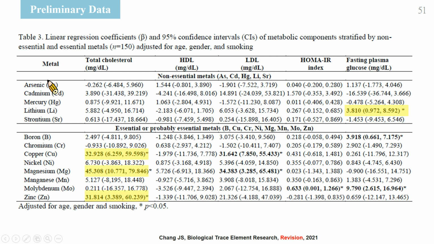But we found a more significant correlation between copper, magnesium, and zinc with total cholesterol. Also, copper and magnesium were significantly positively correlated with LDL. By contrast, molybdenum was positively correlated with HOMA-IR index and also fasting plasma glucose.